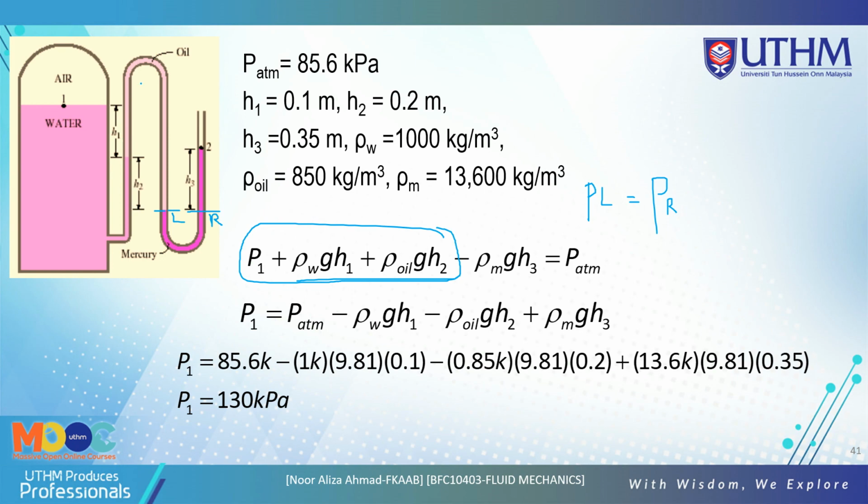The calculation is actually longer, but I just shortcut after cancelling plus and minus. We get the left side here is P1 plus density of water times gH1 plus density of oil gH2. This is from the right side, which we put to the left side, until we get the value of P1 is 130 kilopascal.